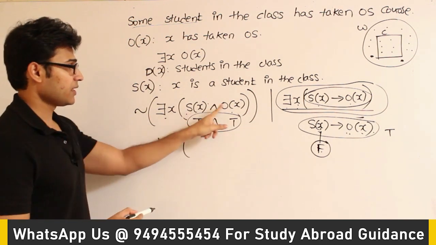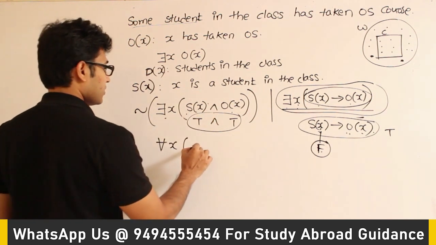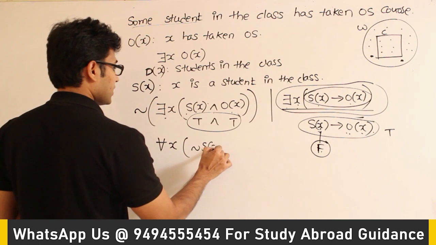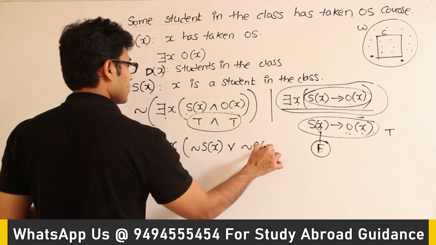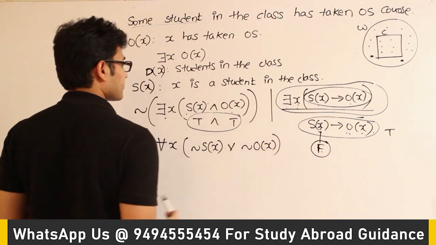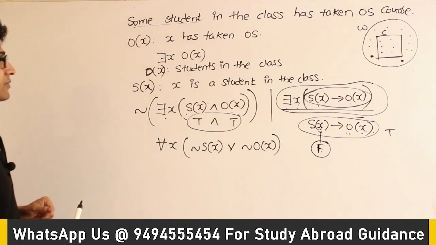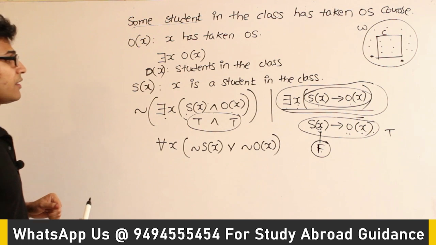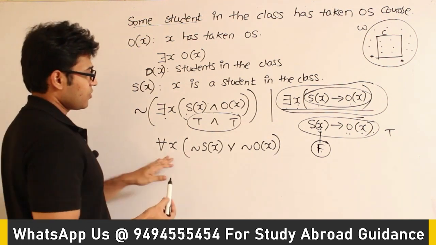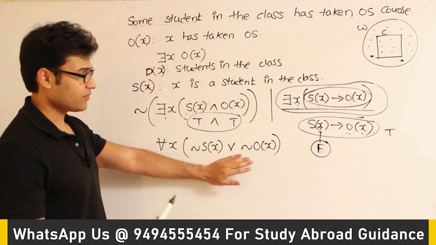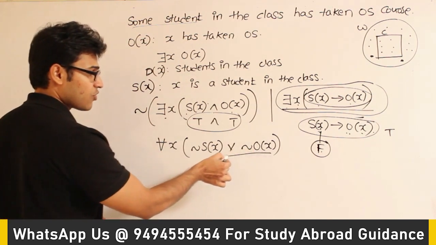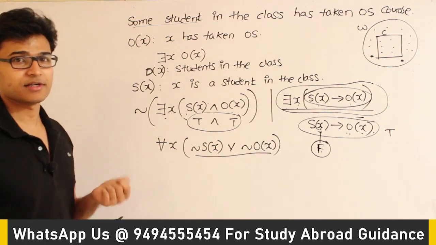And here if I apply the negation to this, then it is going to be negation of S of x or negation of O of x. Got it? Now you might not be able to understand it if I leave it like this. Better now you convert this entire expression into the form of implication, then you'll understand it better.